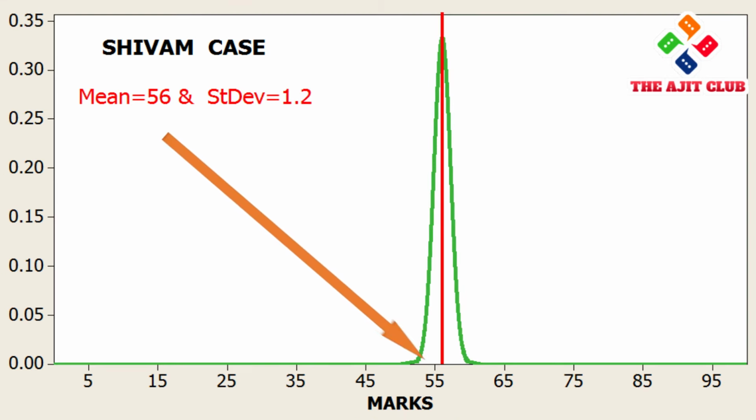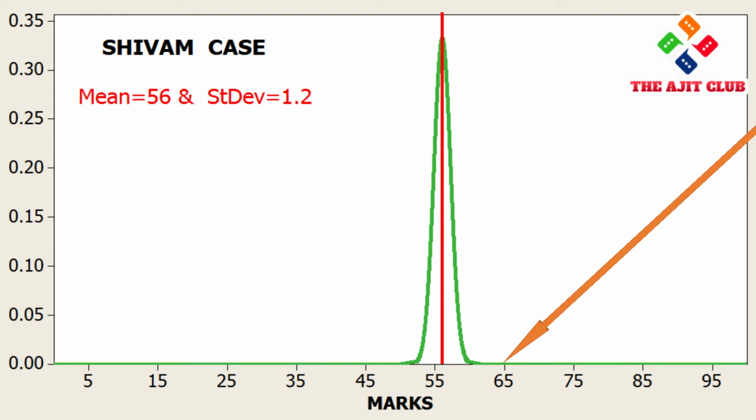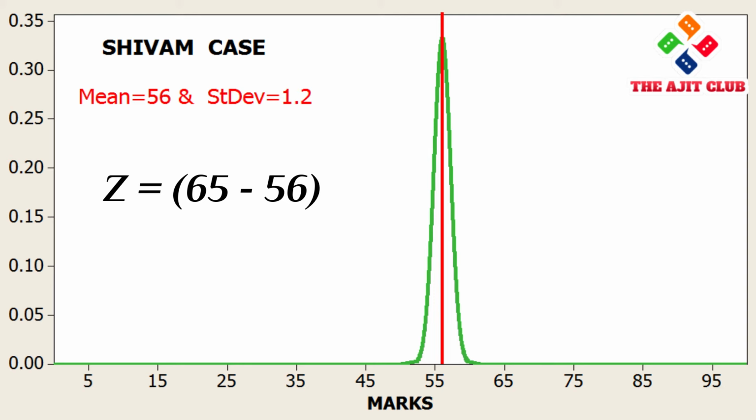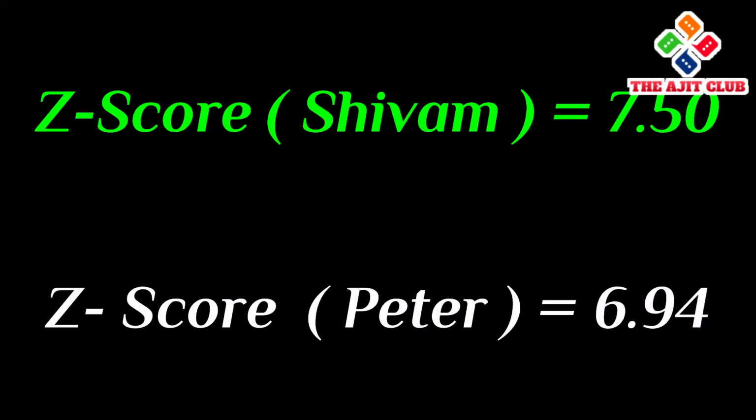Coming to the Shivam case, his mean was 56, he got 65% marks as indicated by the arrow, with standard deviation 1.2. Again, using the Z-score, taking the difference 65 minus 56 divided by 1.2 standard deviation, we got the Z-score for Shivam's case as 7.5. So the summary is Z-score for Shivam 7.5 and Z-score for Peter 6.94.